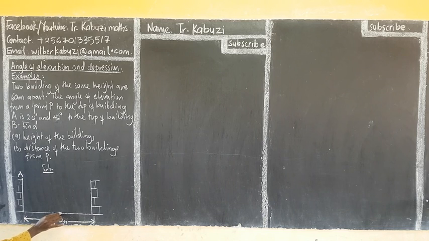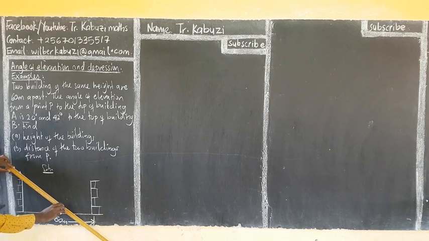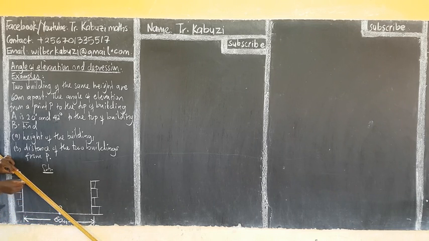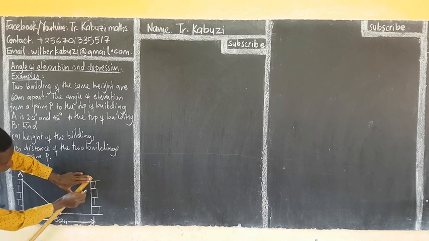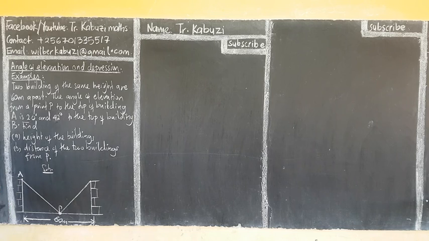So from P, this one is 20 degrees, and this one, which is near to you, is 42 degrees.